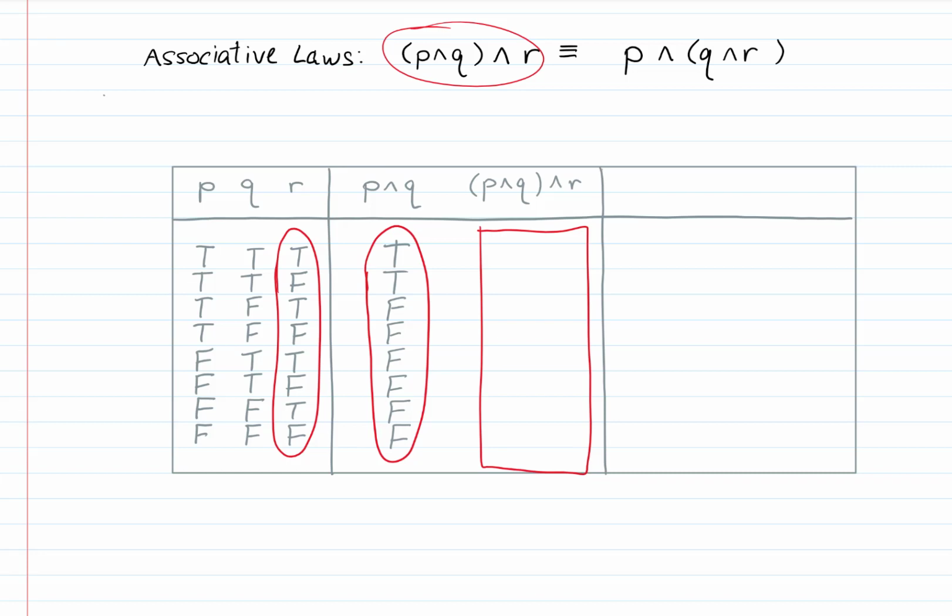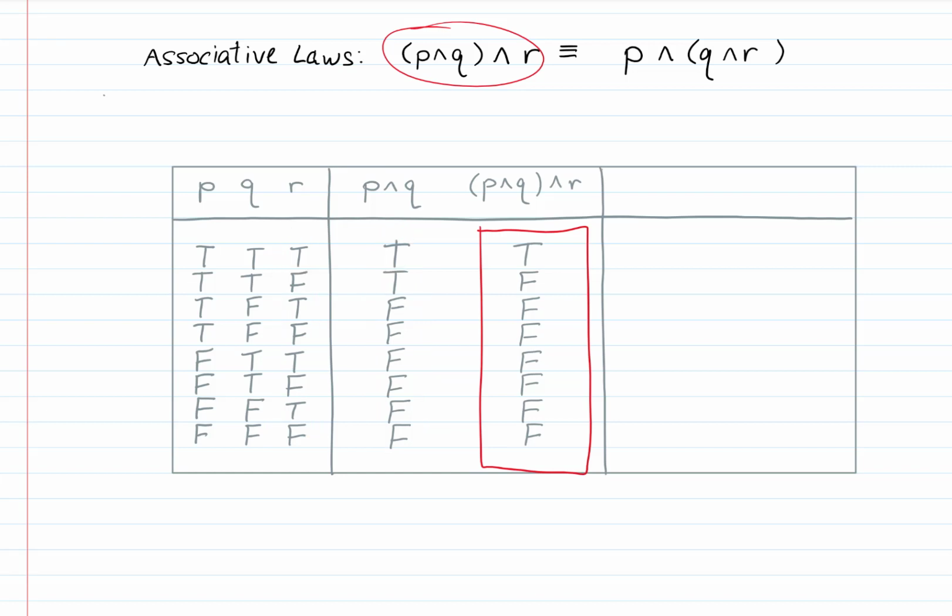When does that happen? Here, and that's it. So that'll be true in that possibility, but false in all of the others. Okay? So there's a truth table for that statement form.